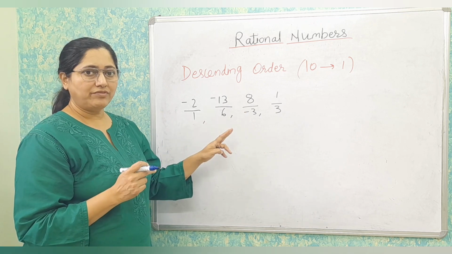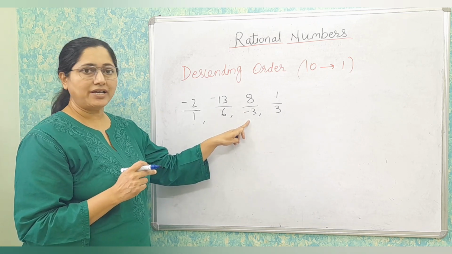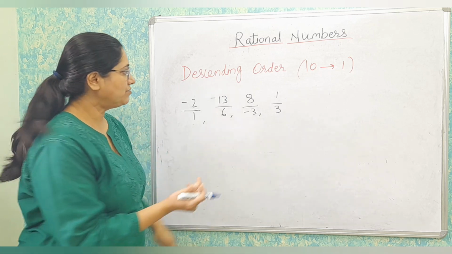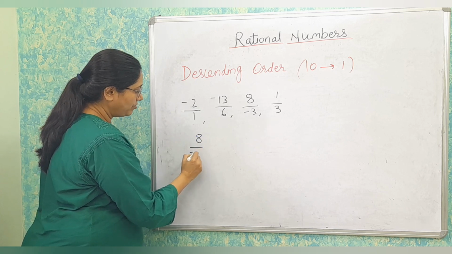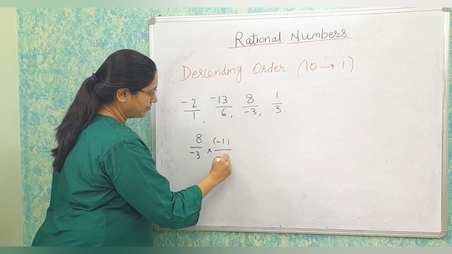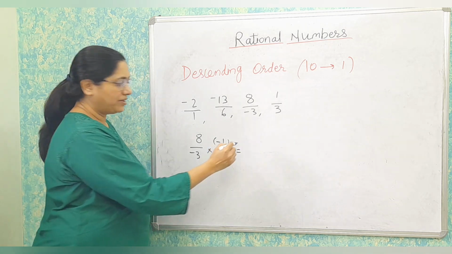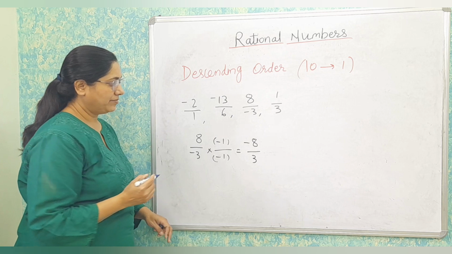And you know that whenever we have to change the sign of any denominator, we have to multiply the rational number with -1. So first I will multiply 8 upon -3 with -1. And now it will become -8 upon 3.